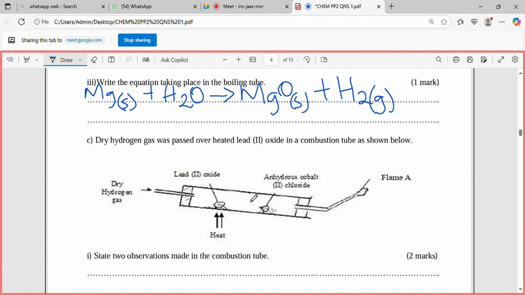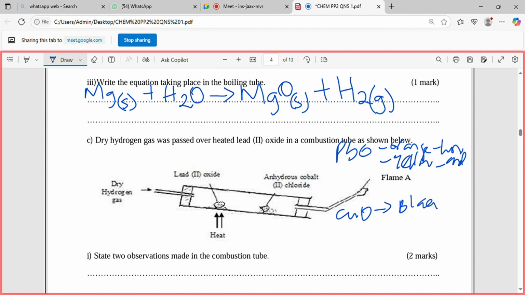You must know the colors of the oxides. The most common oxides here are lead oxide, which is orange when hot and yellow when cold. Another oxide commonly set is copper(II) oxide, a black solid.